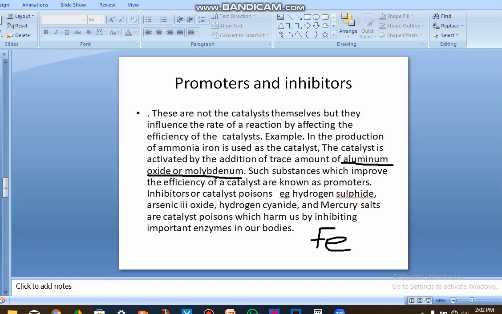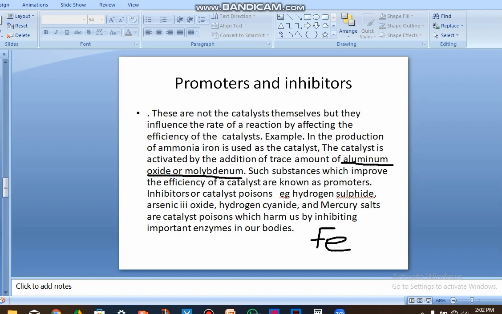So in the production of ammonia, iron is used as the catalyst, but before the iron can be activated, either aluminum oxide or molybdenum is added. You have to read every day, because there are many things.